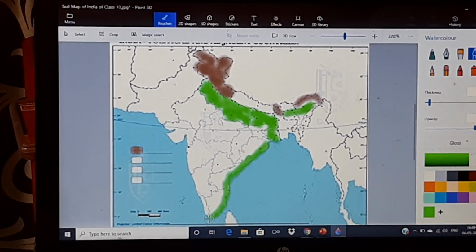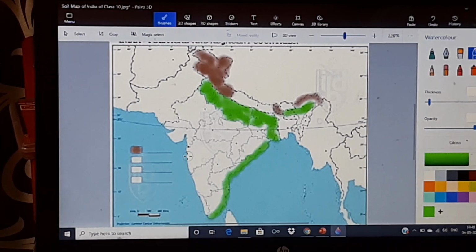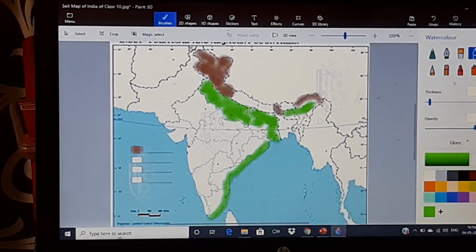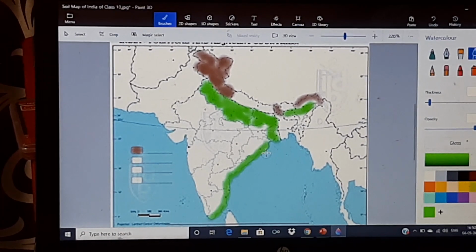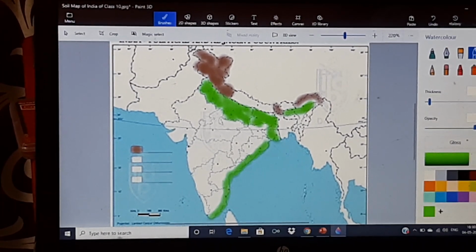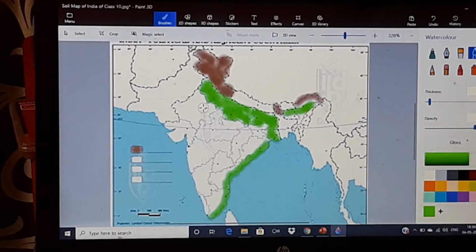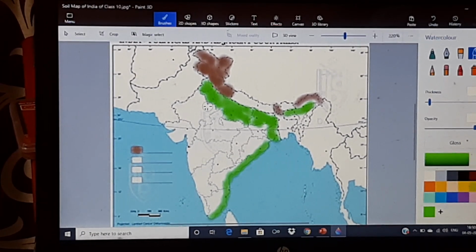This is coastal alluvium, and this is inland alluvium. Alluvium brought down by the rivers, and this is alluvium deposited by the oceans, sea.